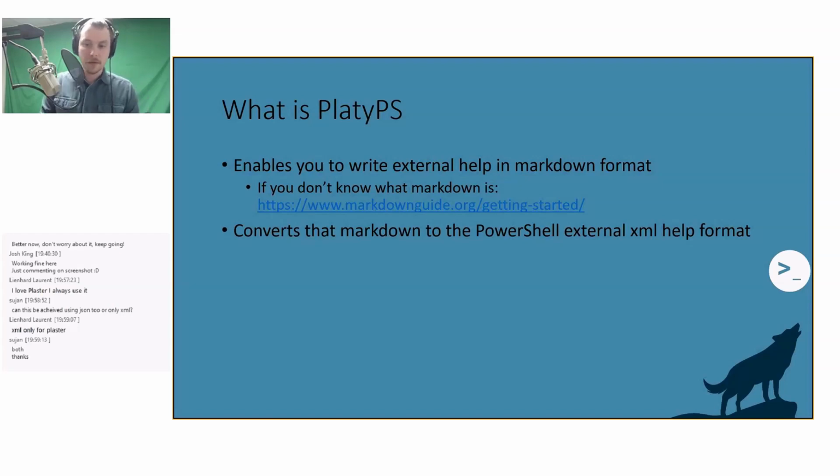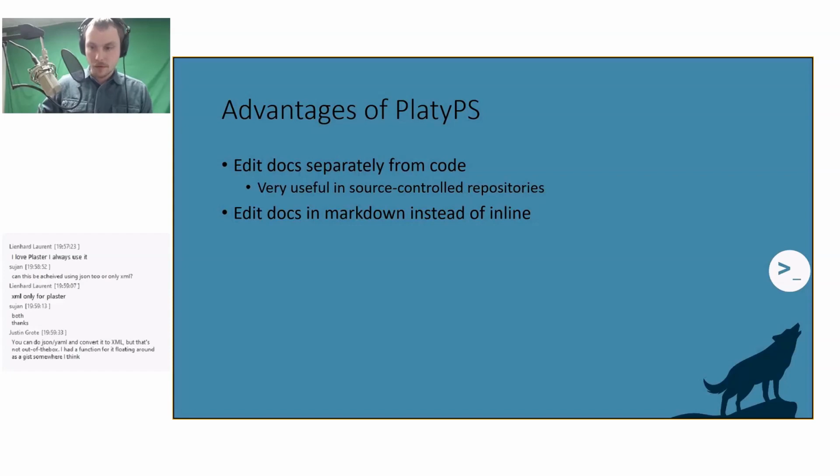Yeah, Plaster, as far as I know, only supports that XML format for the Plaster manifest. Oh, cool. I could imagine it would be too difficult to do a conversion between JSON and even YAML into XML. Yeah, that's a good point, Justin.